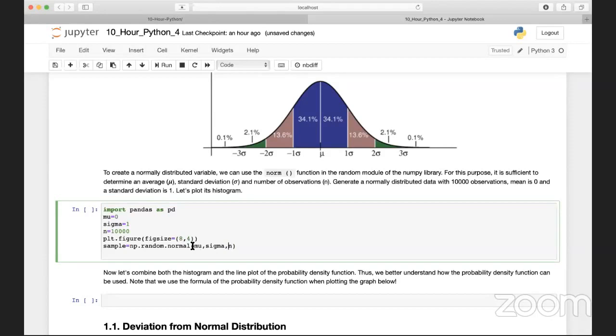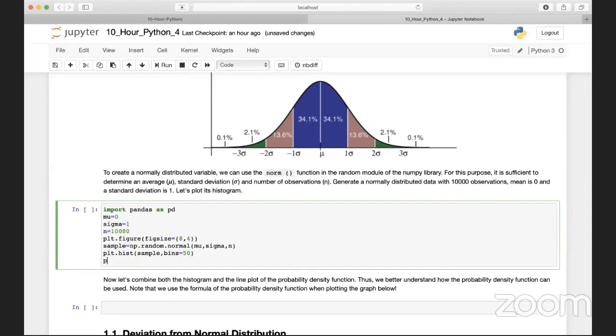So I need to have 3 parameters here: mean, standard deviation, and the number of observations. Okay. So based on these parameters, I will generate normally distributed data, which is called sample in this example. plt dot hist sample. I will have 50 bins. You can play with this number based on your choice. Show. All right.